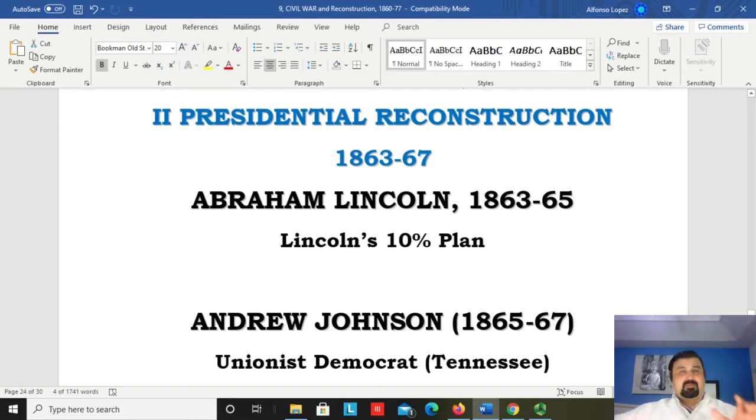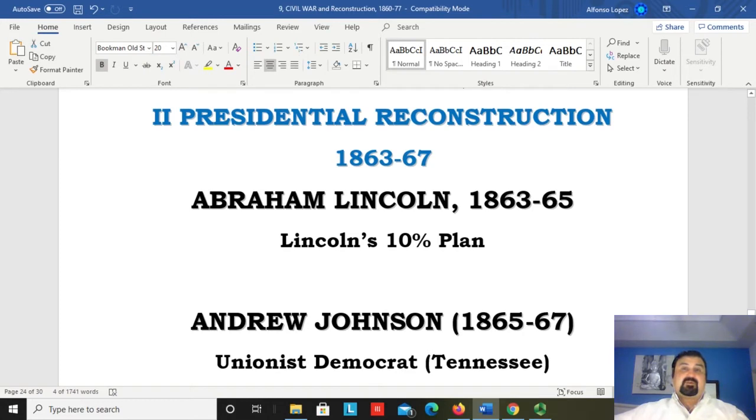Within the Democratic Party in the South, there were the hardcore Democrats who were in favor of slavery and secession, the fire-eaters they were called, but there was also the more liberal wing of the Democratic Party that were known as the Unionists. They always favored staying inside of the United States. They favored the Union and so on. They were very progressive minded.